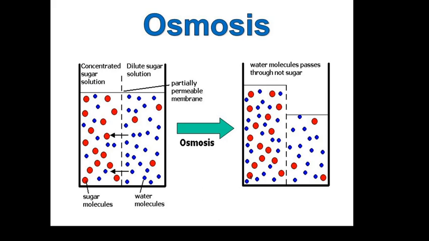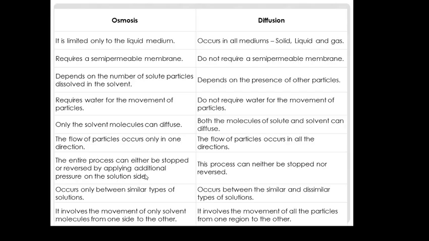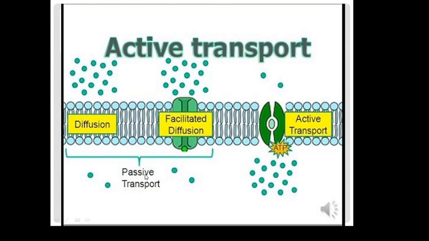So I'm sure now that you understood the difference between diffusion, osmosis, and active transport. Briefly, diffusion is the movement of molecules from a region of high concentration to a region of lower concentration. And finally, let's briefly say what active transport is. Active transport is totally opposite to osmosis and diffusion.